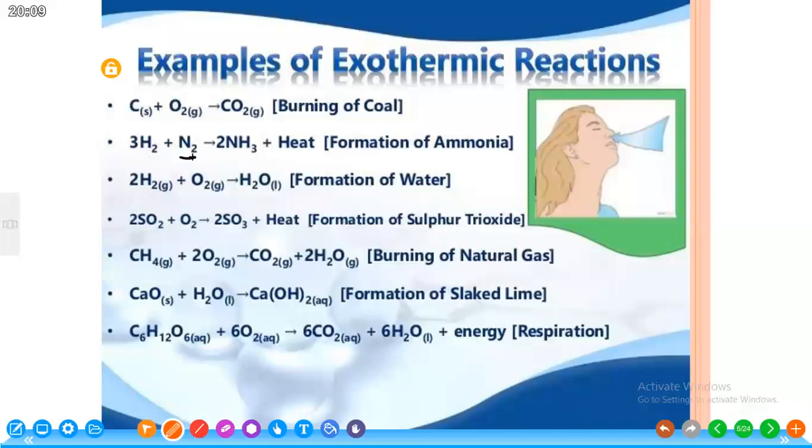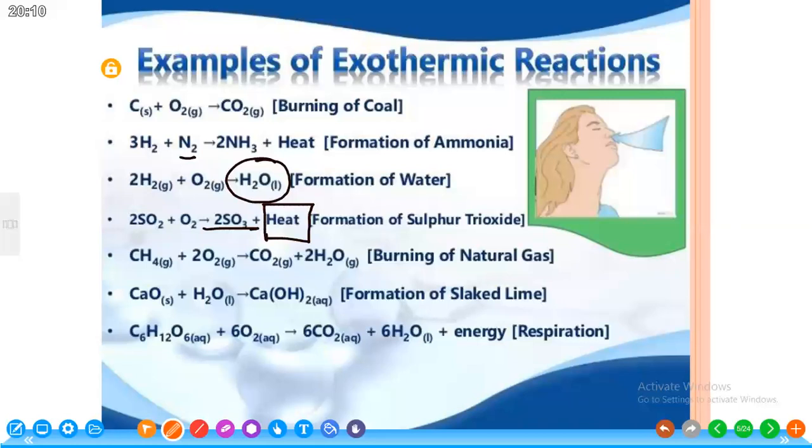This is the Haber process, where vanadium oxide V2O5 is the catalyst. Next, hydrogen reacts with oxygen and forms water, and sulfur dioxide reacts with oxygen and sulfur trioxide is formed. The heat is liberated and lost. This is also an exothermic reaction.